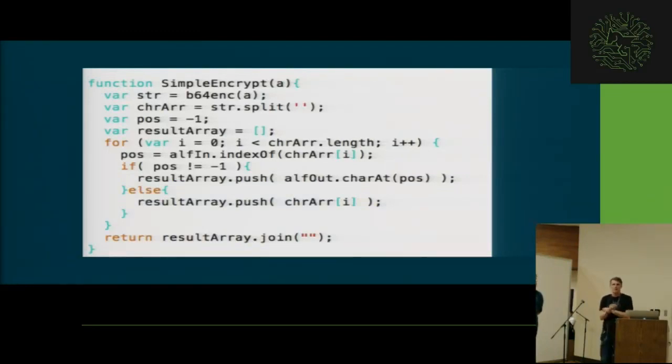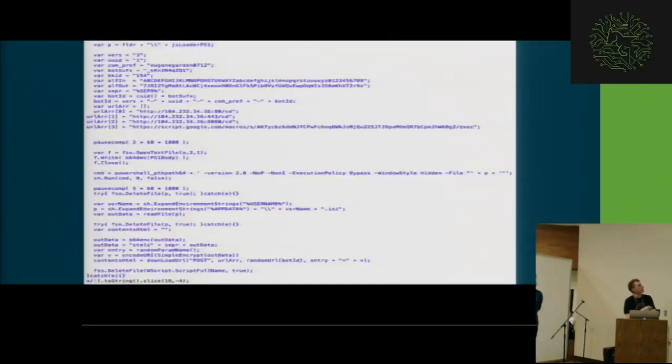So if you were to see this command and control traffic, you could decrypt it inline and see that your users were compromised. Here you can actually see the alf in and alf out variables, which are initializing those alphabets for the substitution cipher. And then you have some hard-coded IPs here that are the command and control servers.